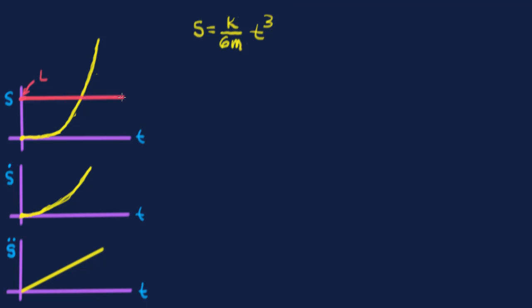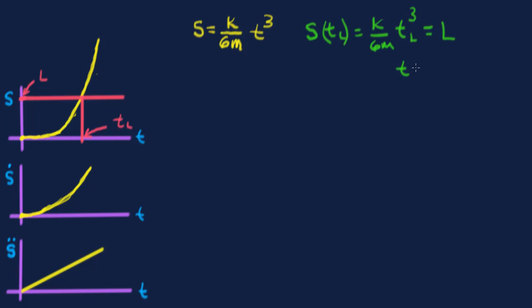So here's L, and the place where this yellow curve crosses the red curve, maybe I'll indicate it like so, bring it down, and what we have is a time, TL, the time at which the skater reaches a distance L from her starting point. Mathematically, we're saying s evaluated at time TL is equal to k over 6m TL cubed. So time TL is what happens when the position is equal to L.